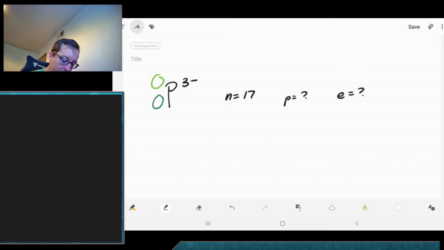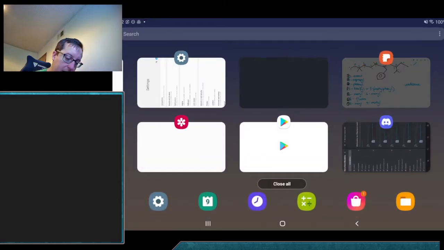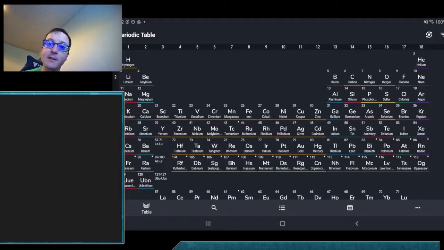So, we see that this is a P. So, probably the first thing we should do is try and figure out where that is on the periodic table, so we can determine how many protons this thing will have. And so, we'll go ahead and find it. Here it is, right over here, phosphorus.